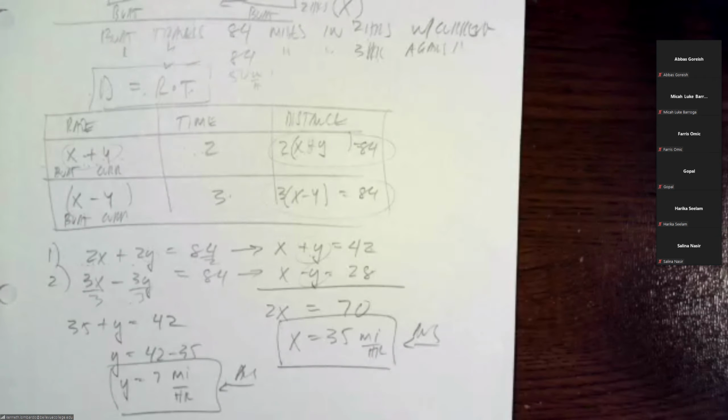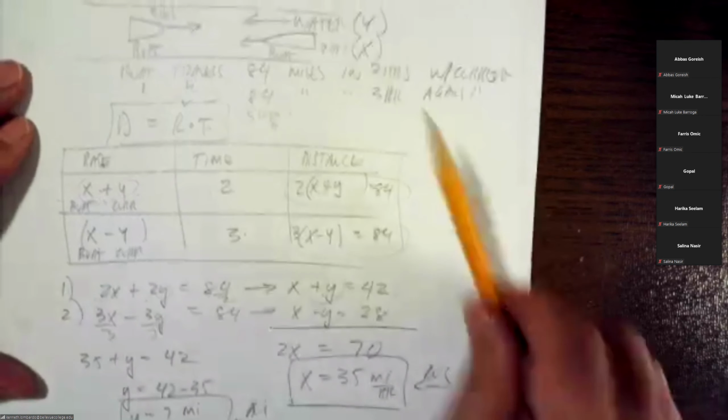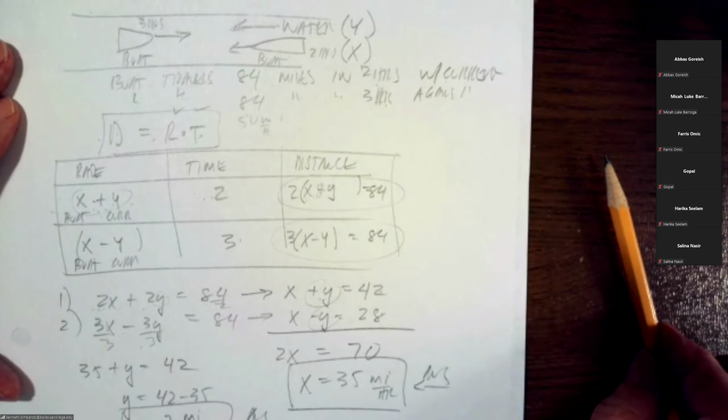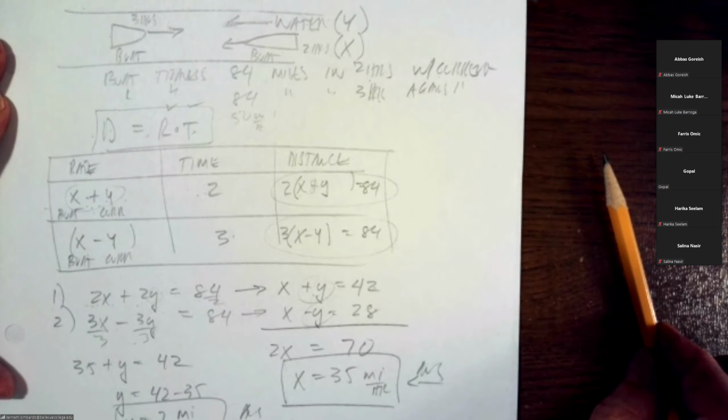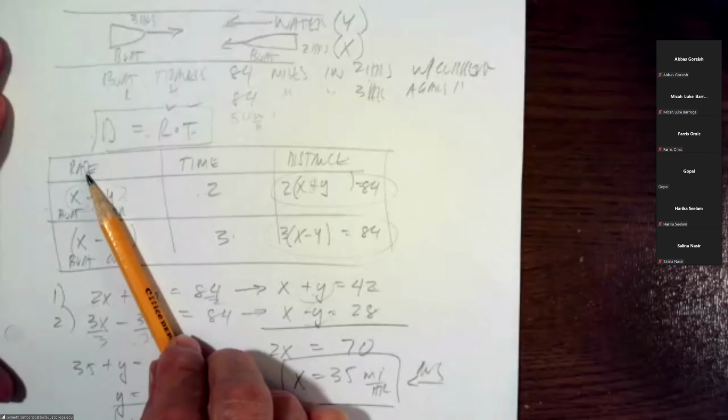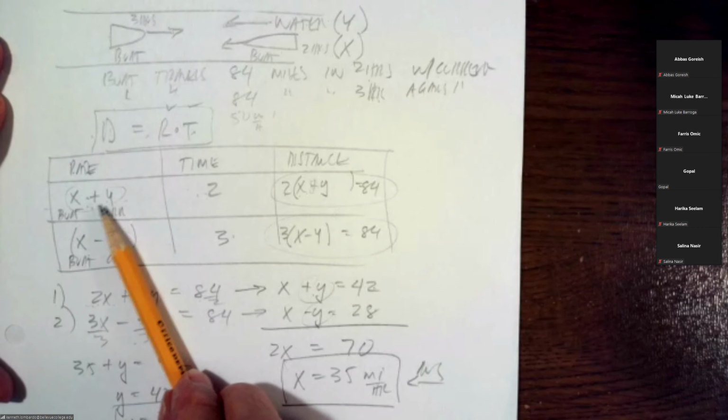What are we trying to find? What do these variables represent? Is that your question? So, like, what was the problem asking for? Was it asking for the x and y values or the rate? Here we have rate, and here we have x and y values.